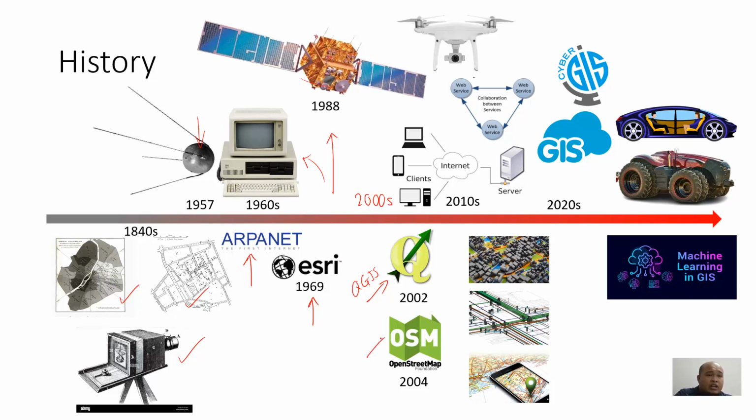And also in 2004, there is OpenStreetMap, OSM. OpenStreetMap is free GIS data that you can download, but make sure that you check the data over and over again before using it, because it is open source data.